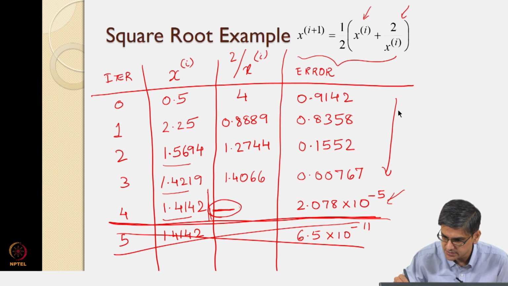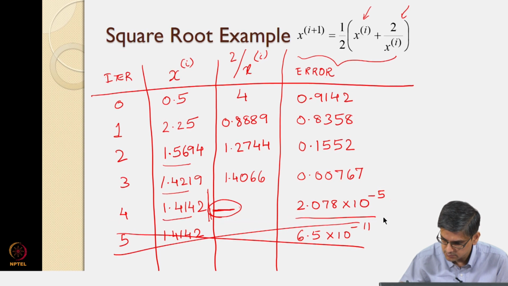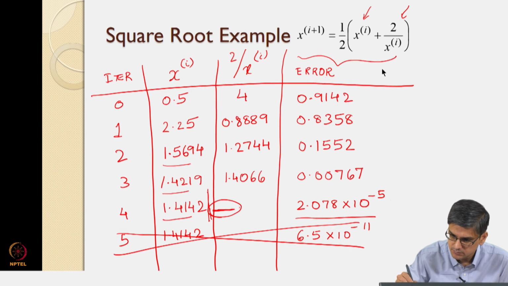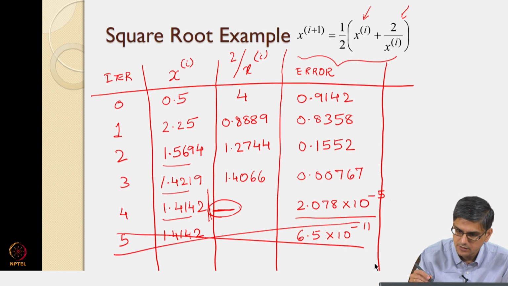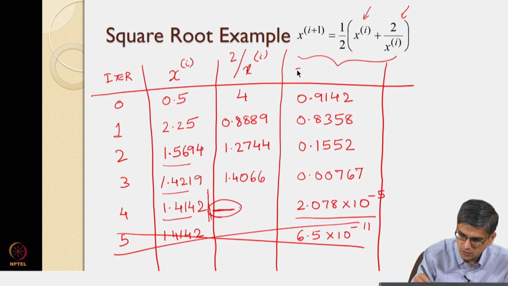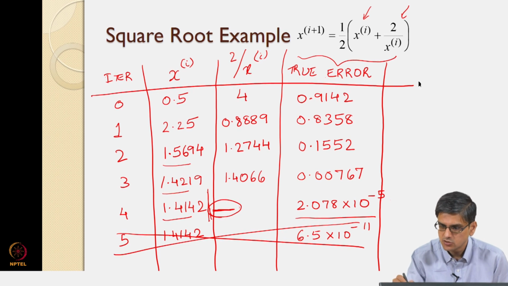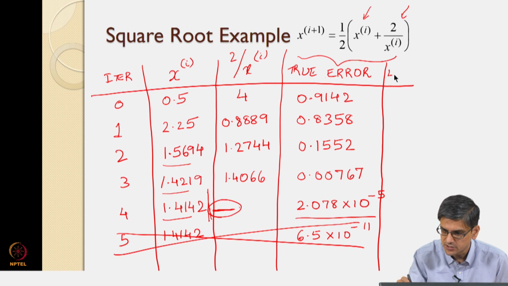Okay. Let me erase a few things. I will call this what is known as a true error. And in this column I will call something called an error.